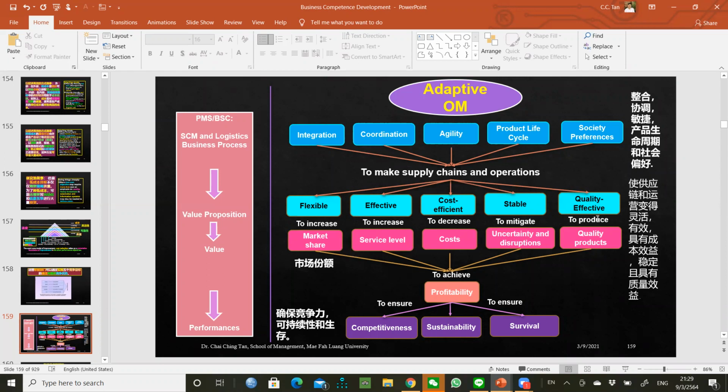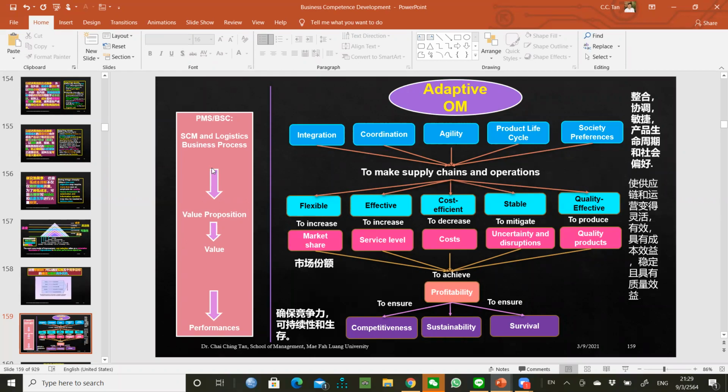When you're in quality, it produces quality product. So being flexible helps you to increase your market share. Being effective helps you to increase your service levels, and all these combinations of performance objectives achieve profitability, which means ensuring competitiveness, competitive advantage, sustainability, survival.